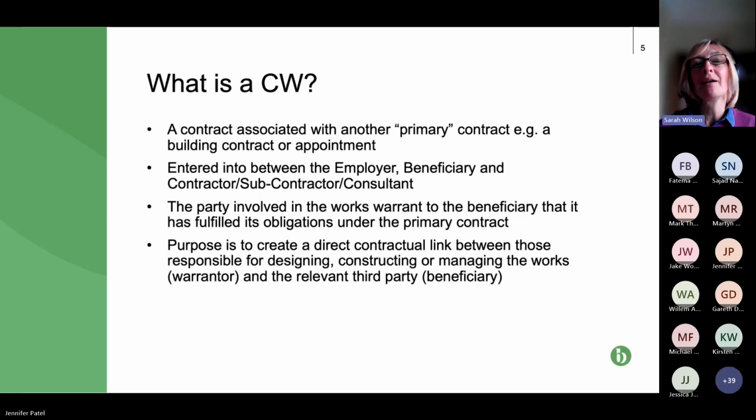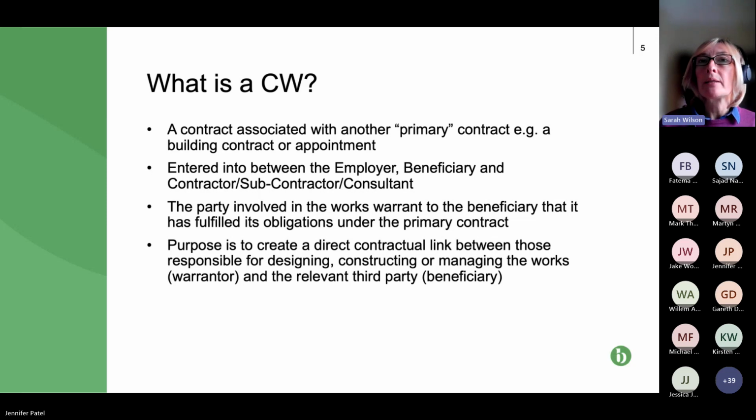And why do we have collateral warranties? Well, we have them because of a fundamental point in contract law generally, so not just construction contracts, which is that if you have a contract between employer and contractor, they are the two parties to the contract. They have obligations under that contract, and they're owed obligations by the other party. But it's between the two parties, it's private, as it were.